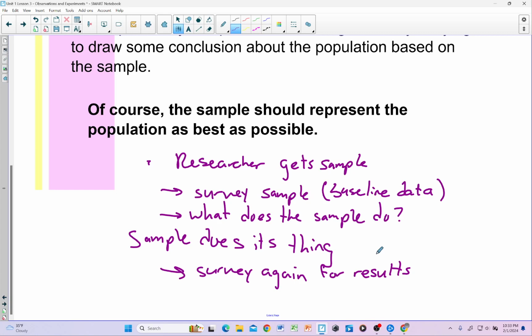So the researcher just collects the information. Now, survey doesn't necessarily mean pencil and paper, like ask a question on a scale of 1 to 10. Yes, those are surveys, but survey is anytime you're looking for a response from the sample. So, again, the key there is the researcher doesn't do anything. They're just simply there to collect the data and report on it. Say, hey, this is the trend that I'm noticing.